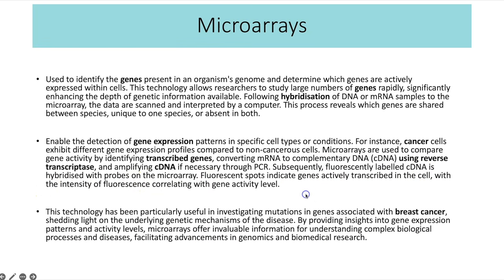And the fluorescent spots are going to indicate genes actively transcribed in the cell, with the intensity of the fluorescence correlating with the gene activity level. This has been particularly useful in investigating mutations in genes associated with breast cancer, shedding light on the underlying genetic mechanisms of disease.